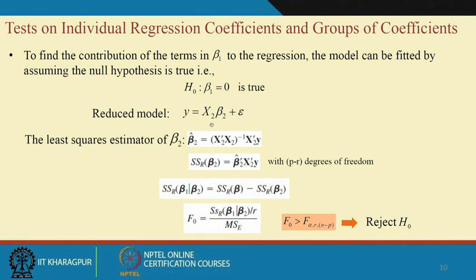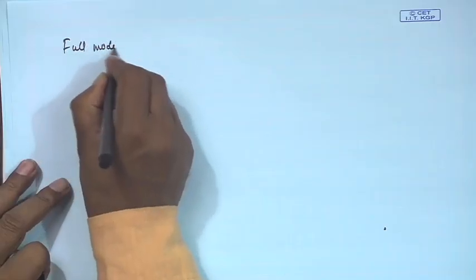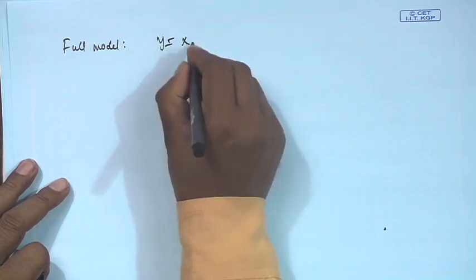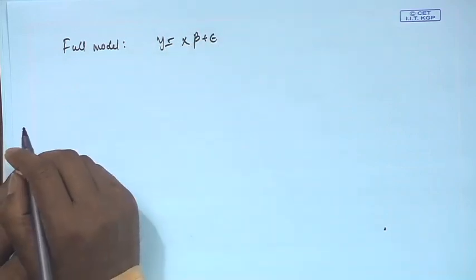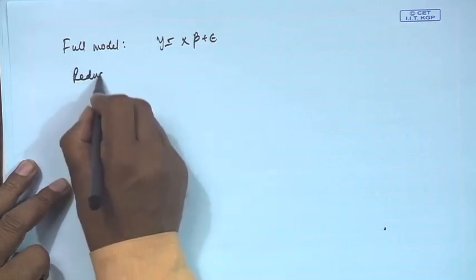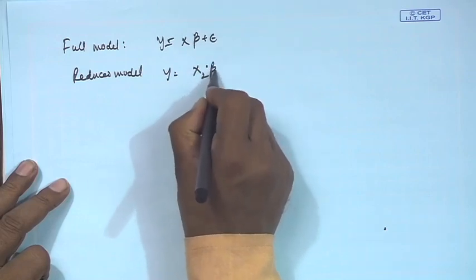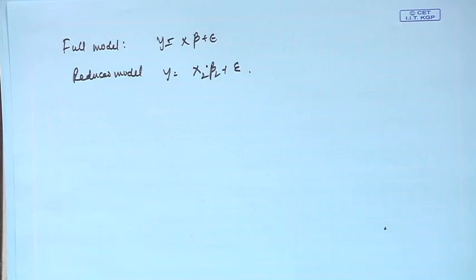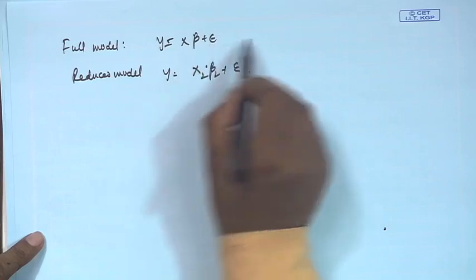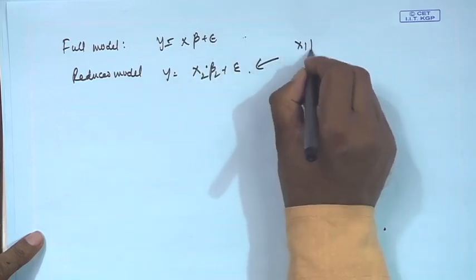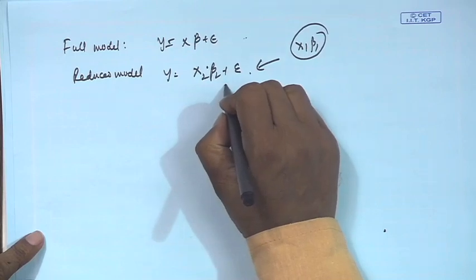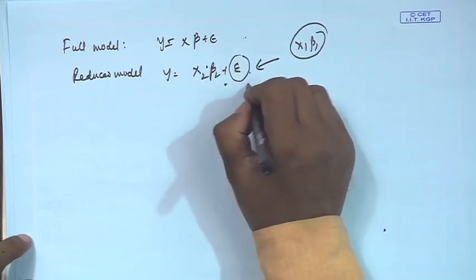So, essentially we have a full model, which is y equal to x beta plus epsilon, and we have a reduced model where we are writing x2 beta 2 plus epsilon. In this model, as the x1 beta 1 term is not included, the error term here will be more than the error term here.